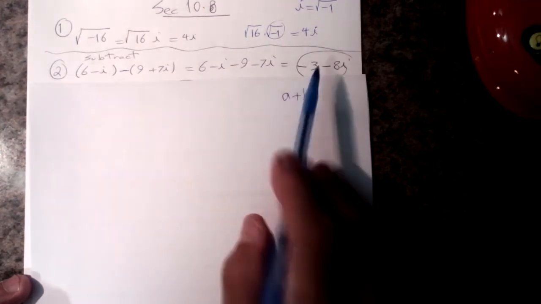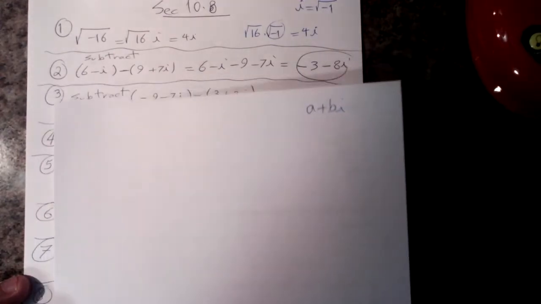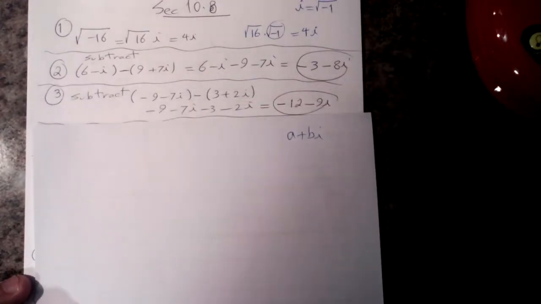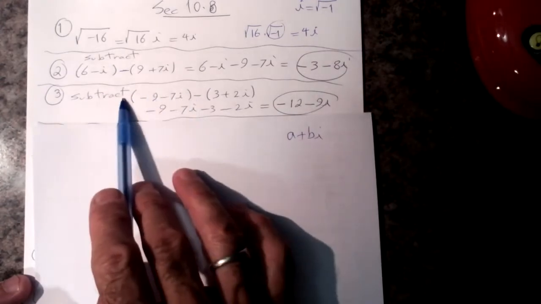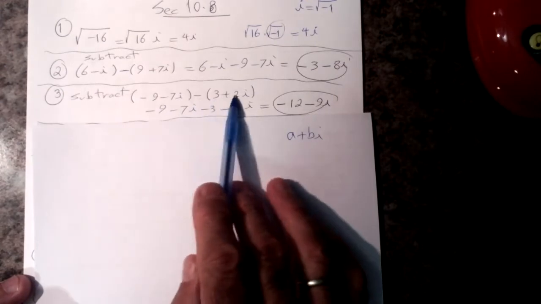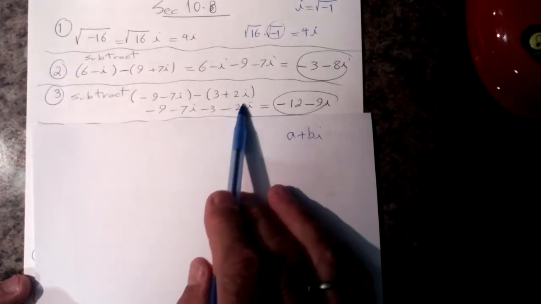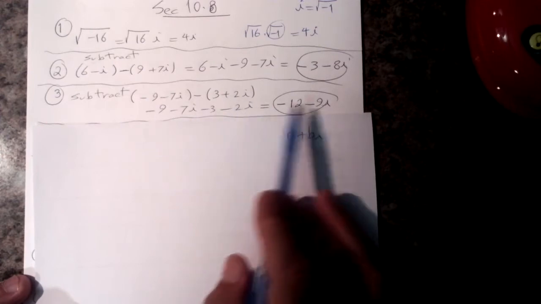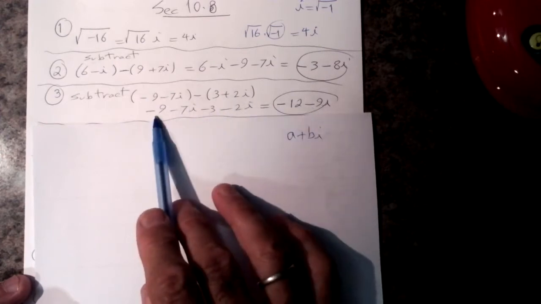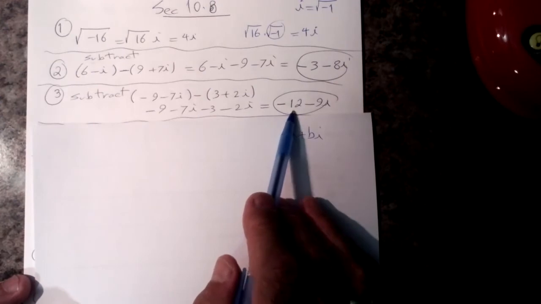And the numbers are -3. So you treat them as like terms. Like here, I don't need a parenthesis because there is just a positive sign, but this negative changes everything. Look, these two are like terms: -7i and -2i is -9i, and -9 minus 3 is -12.